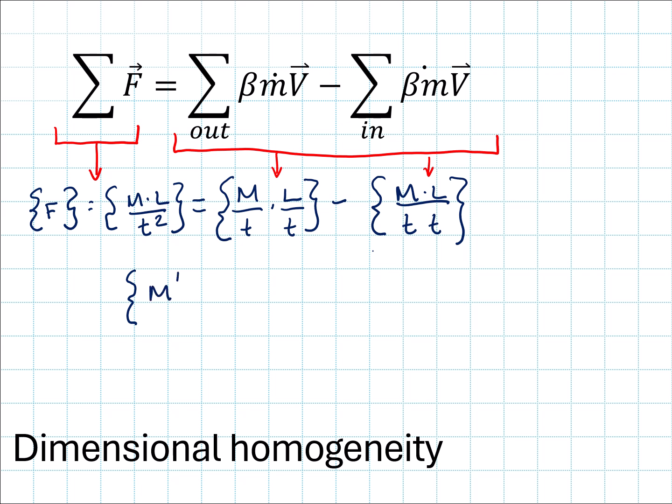I've got a mass to the power of 1, a length to the power of 1, a time to the power of -2 on the left-hand side, and on the right-hand side, I have the same thing. So indeed, by looking at the primary dimensionality, I didn't put any units and any numbers into my equation, but I can still check and make sure that it's dimensionally consistent.